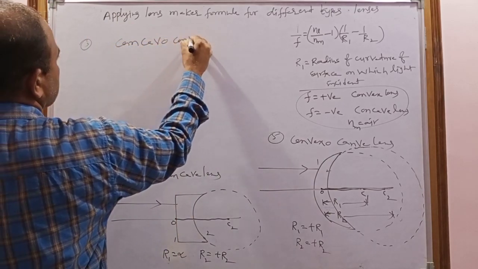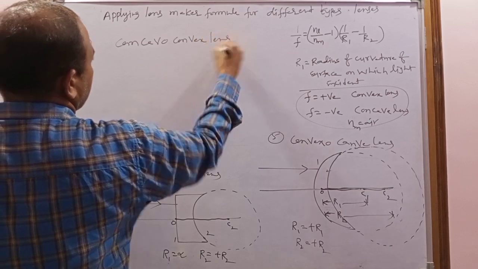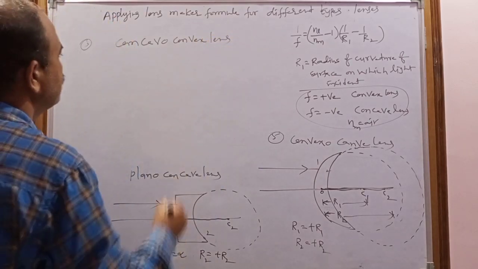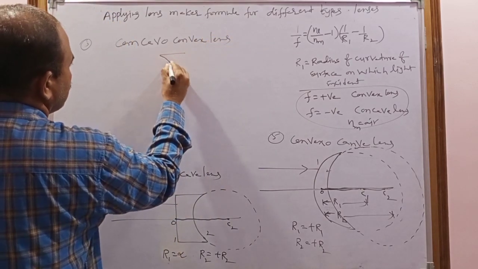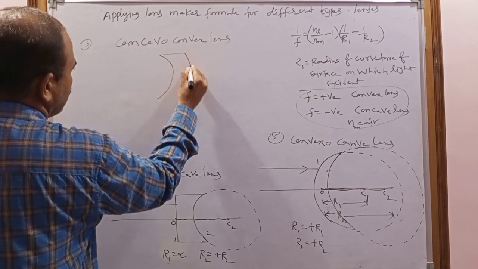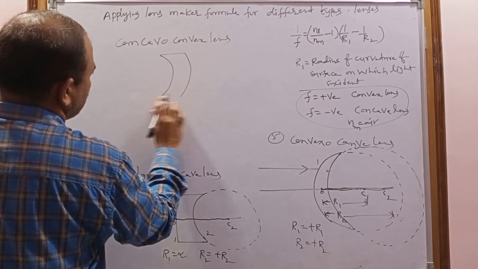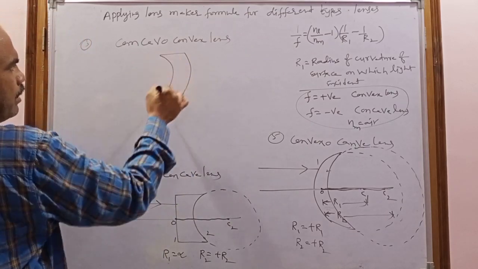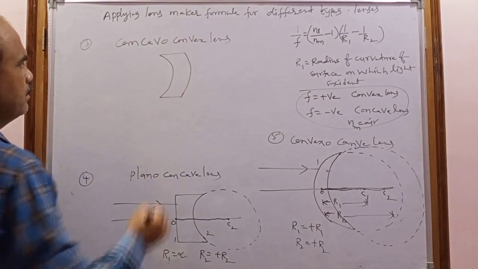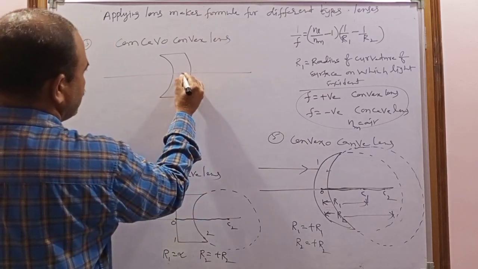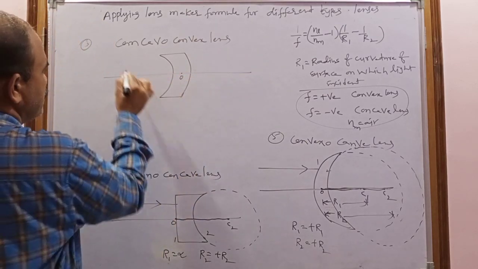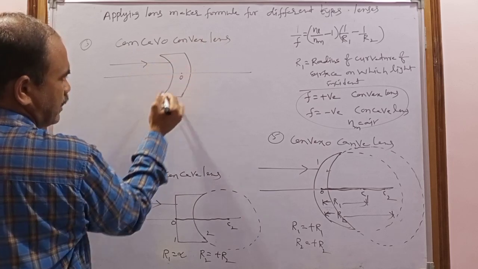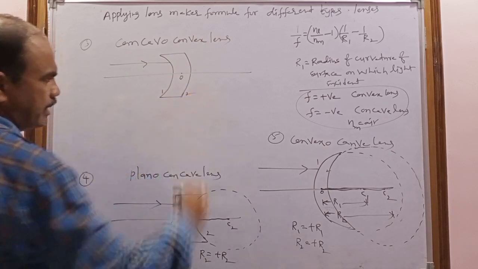Concavo-convex lens. So this is called the concavo-convex lens. Now this is the principal axis and this is the optic center. Consider the light is incident on the surface. This is the first surface and this is the second surface.